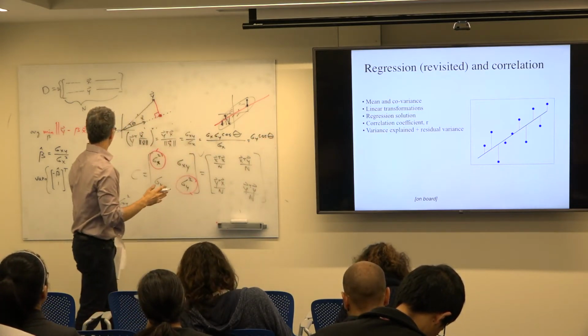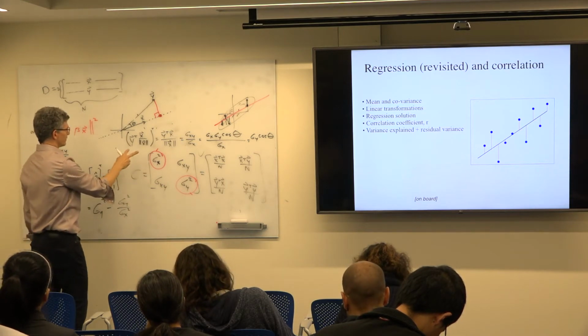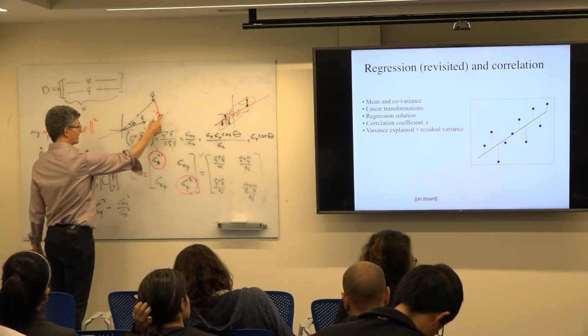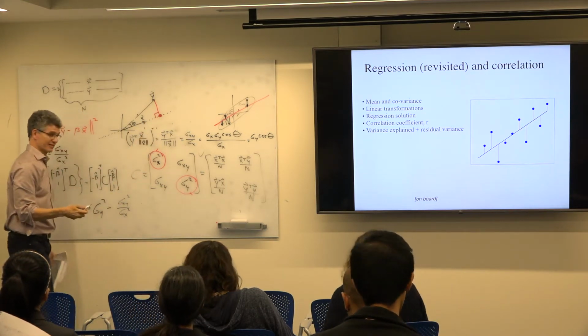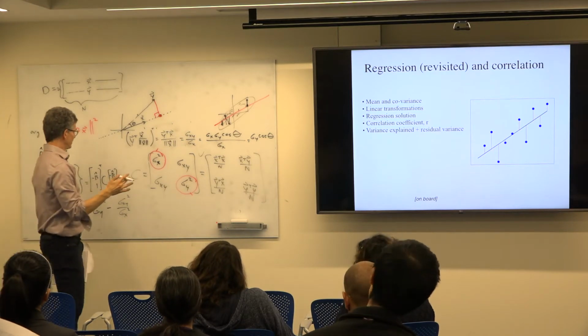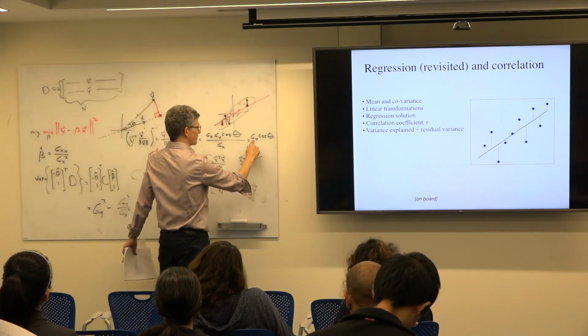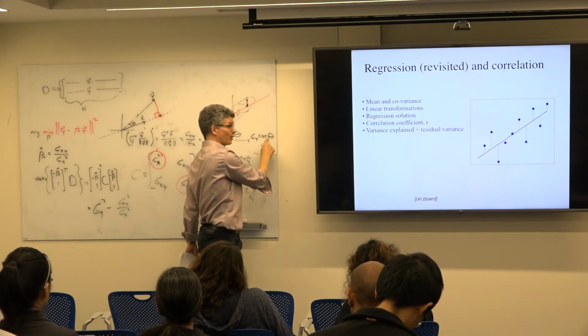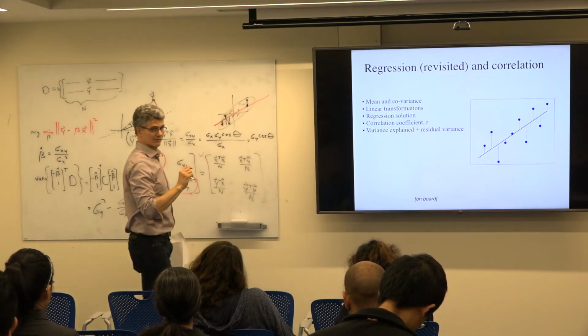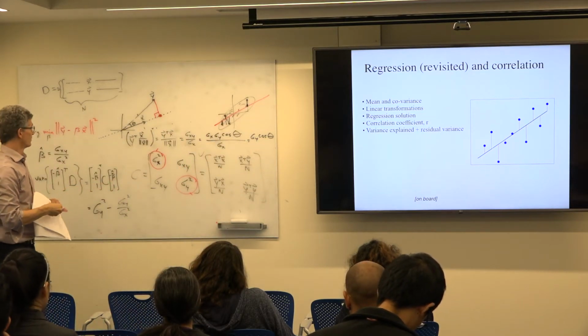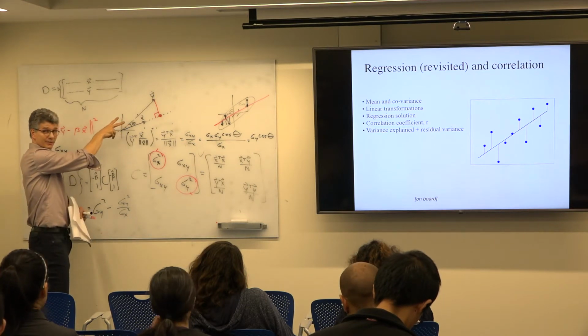So I can think about the length of this thing, this is the explained variance, right, as being the original variance times this cosine, which is the angle between these two guys. Right?